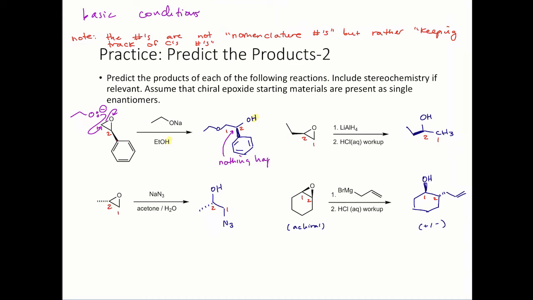That's because SN2 will occur at the less sterically hindered carbon. Next example, the nucleophile is azide. And again, an SN2 will occur at the less sterically hindered carbon. And then after proton transfer, we observe the product shown.